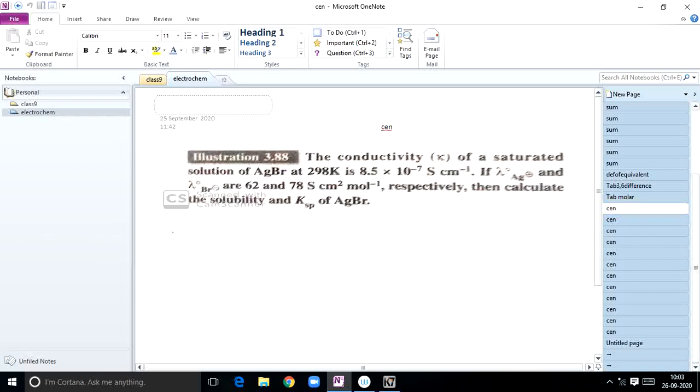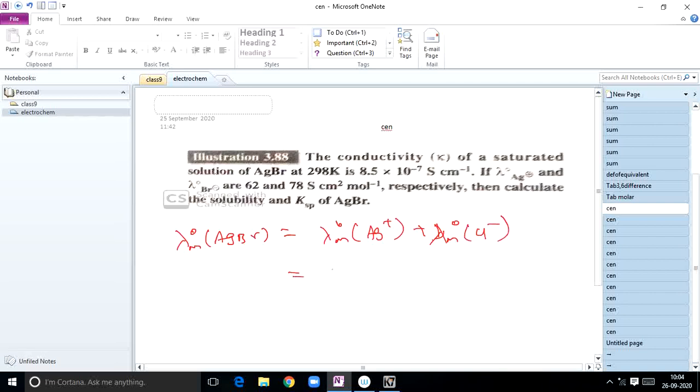Same model. So first you write lambda m naught of AgBr is equal to lambda m naught of Ag plus plus lambda m naught of Br minus. Okay, so lambda m naught of Ag plus 62 plus 78, same model. So here you will get 140 Siemens centimeter square mole inverse.